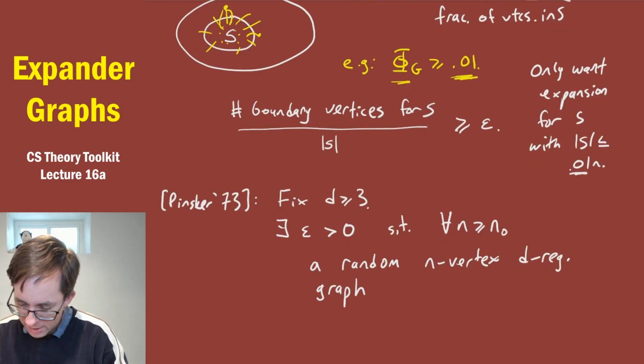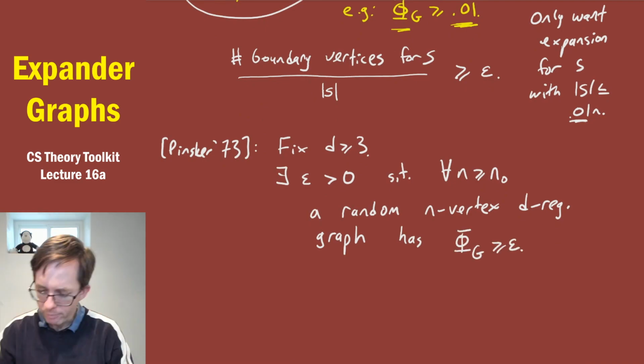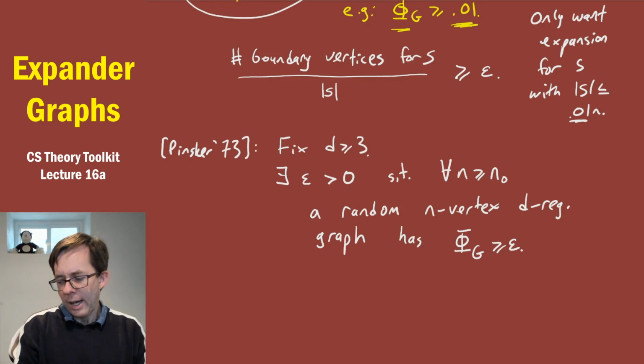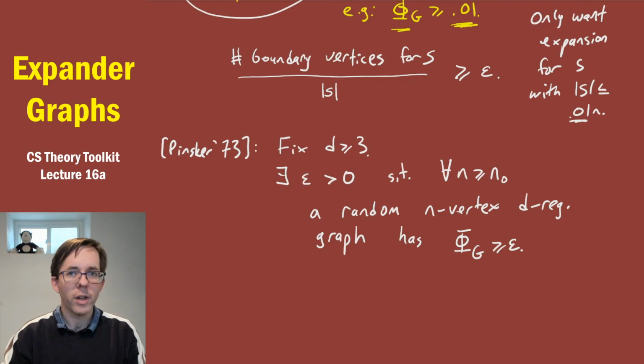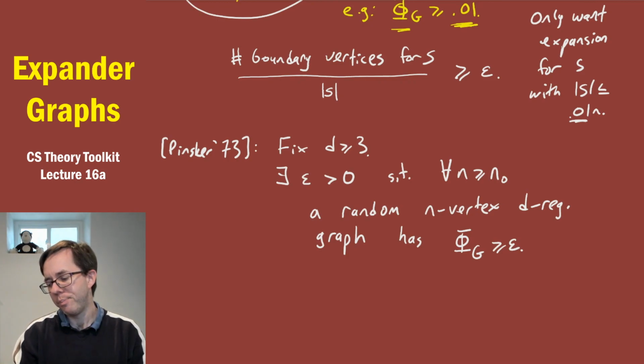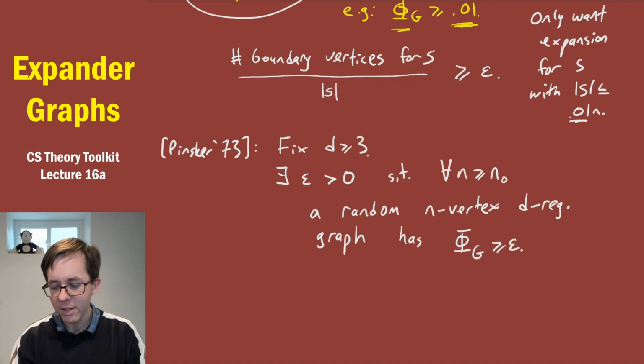So let's just say has this minimum conductance or minimum expansion at least epsilon. So that is a theorem that's not too hard to prove. It's sort of the probabilistic method. It's mildly easier to prove when you're talking about bipartite expanders, which I'll talk about shortly. But anyway, it's still not hard to prove.